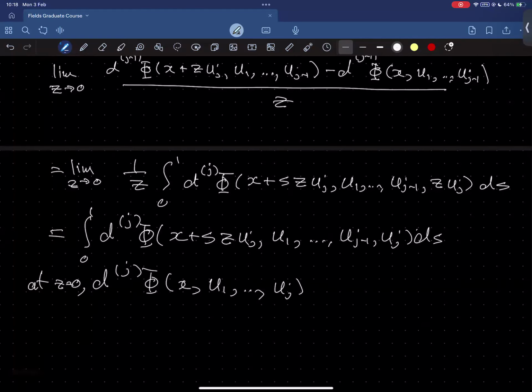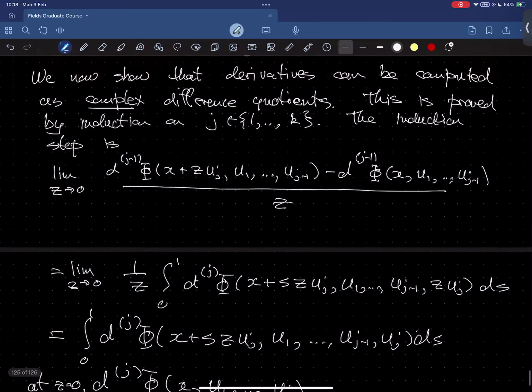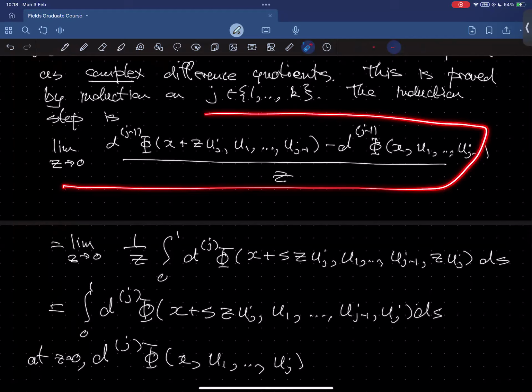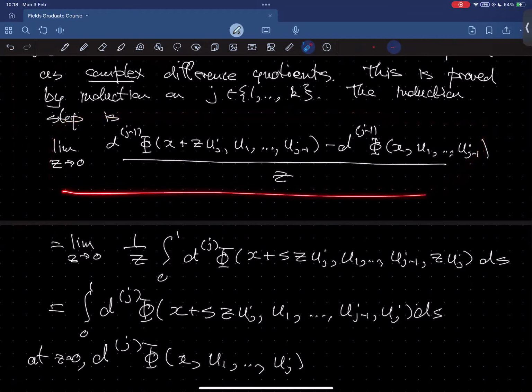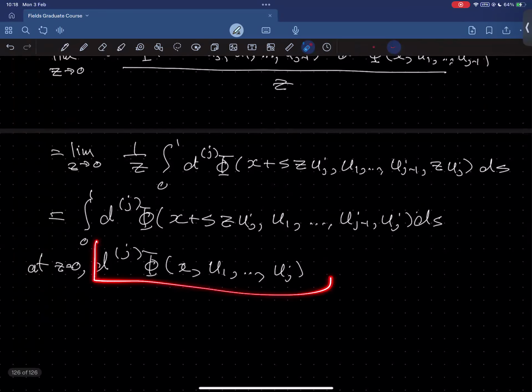And now, again, by continuity of the weak integral with respect to parameters, where the parameter now is z inside the integral, the limit as z goes to 0 of this is equal to that.